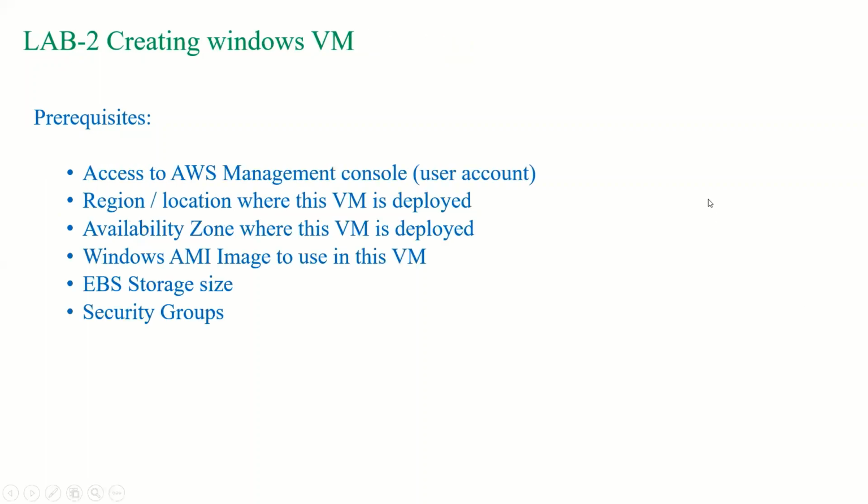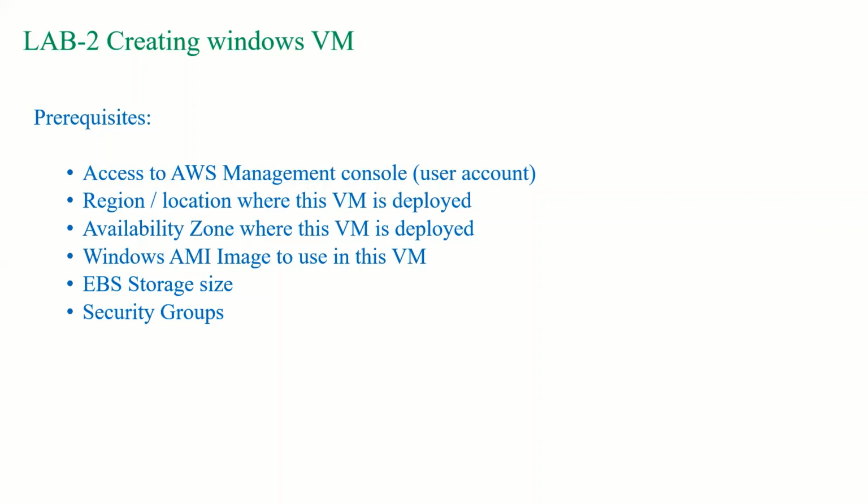So we'll get on to the first actual live lab exercise, creating a Windows virtual machine. Here we need to have some prerequisites. We need to have access to the AWS Management Console. What is that? Accessing the AWS Management Console, that is having a free tier AWS account.